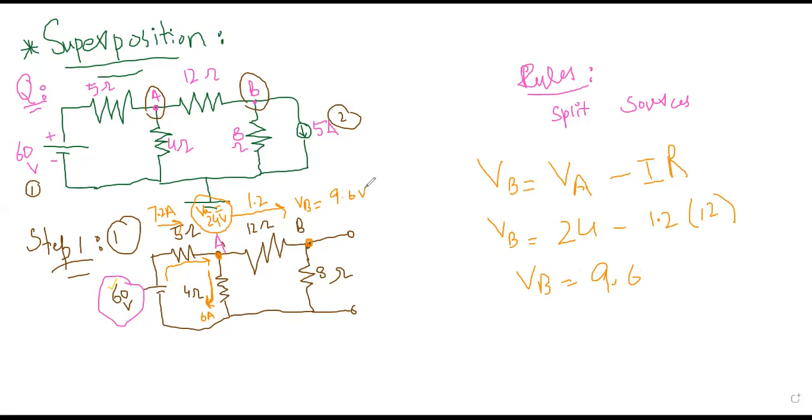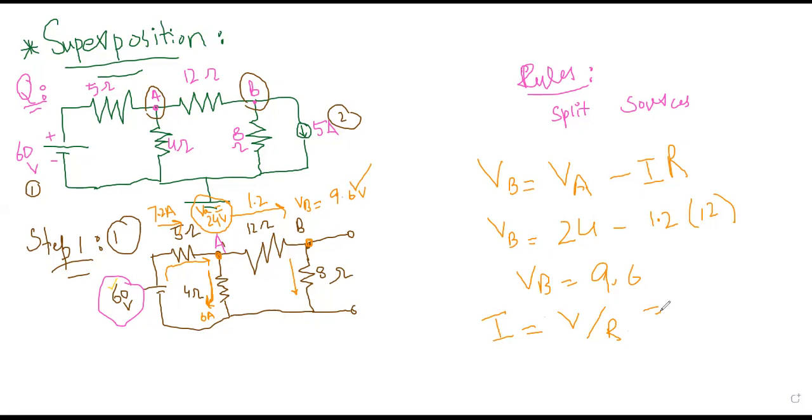Now moving further, we will cover the next part, so I will move here. As I discussed, I equals V upon R. What is the value of V? The V value basically is 9.6.